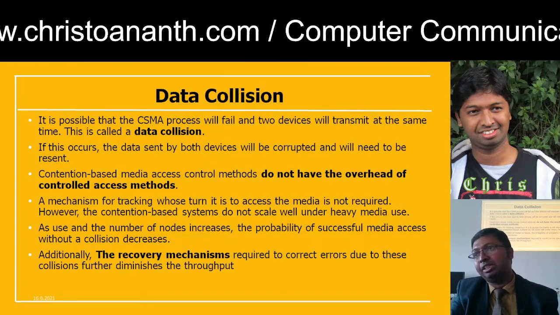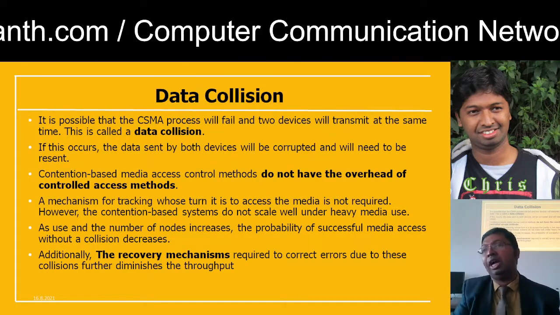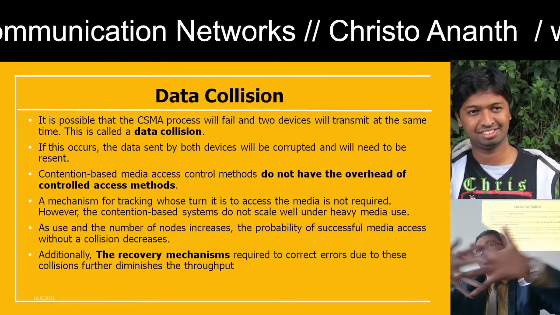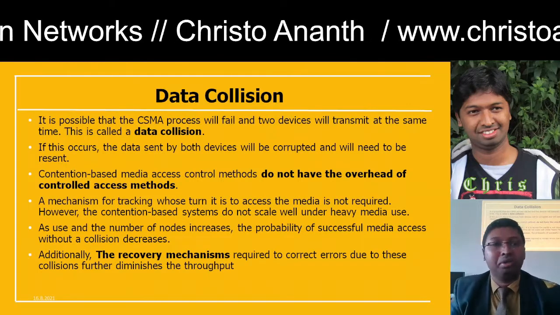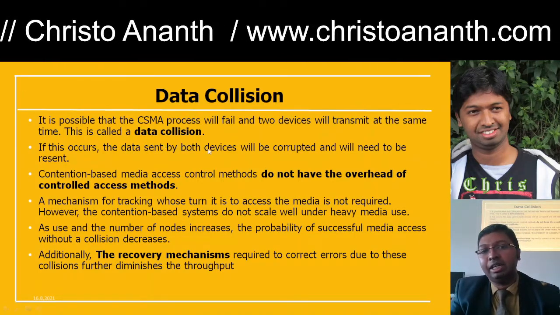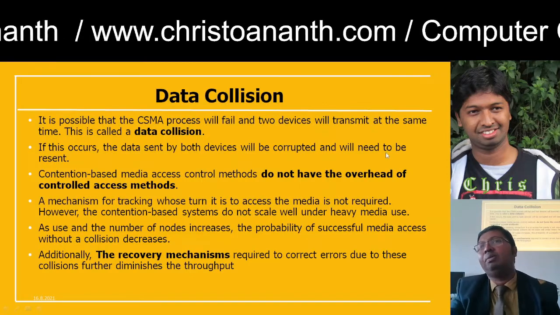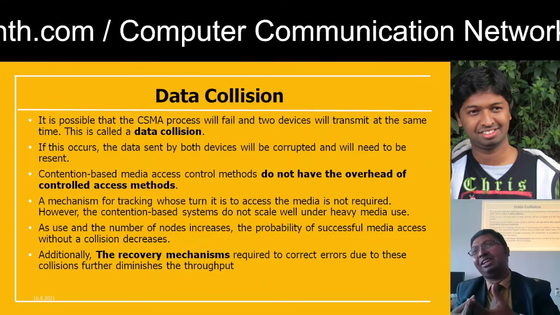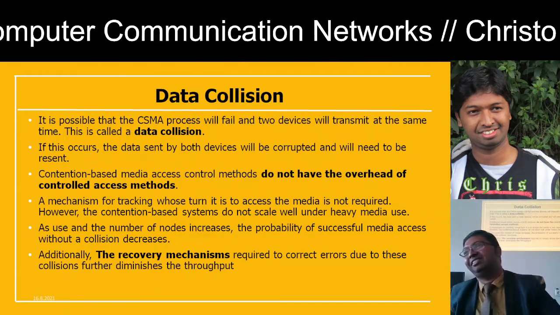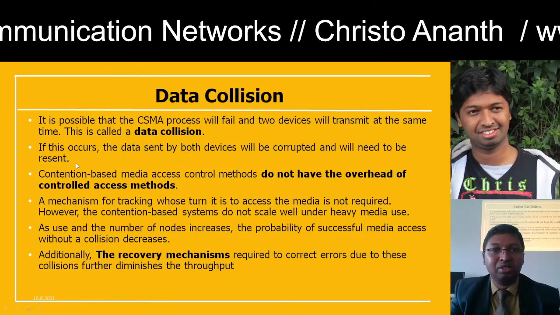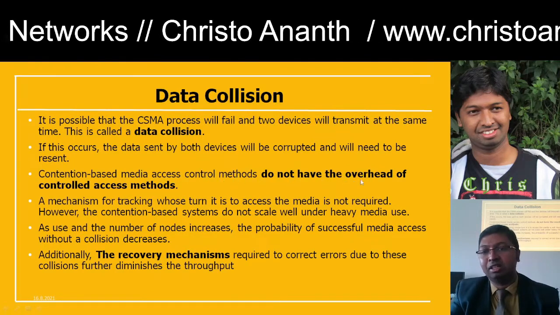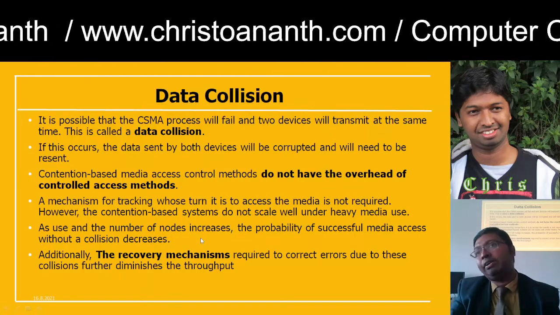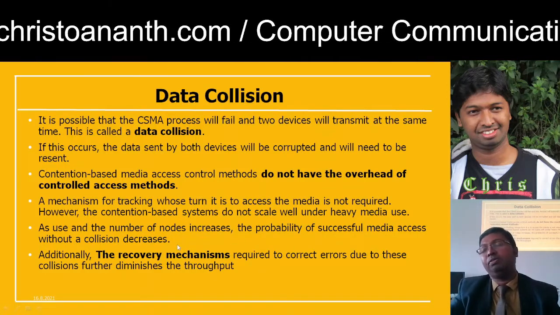If this occurs, data sent by both devices will be corrupted and you have to resend it again, not at the same time but one after another. Contention based media access control methods do not have the overhead of controlled access methods. You can have recovery mechanisms to correct errors if a collision occurs.